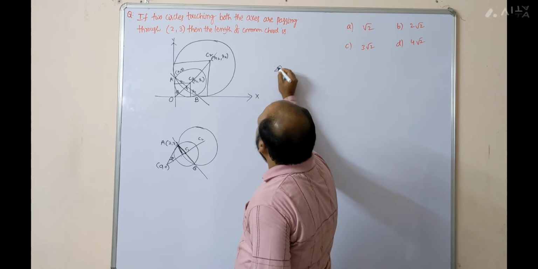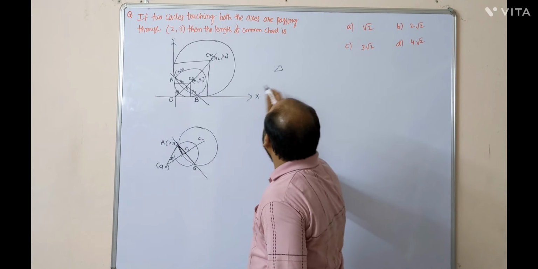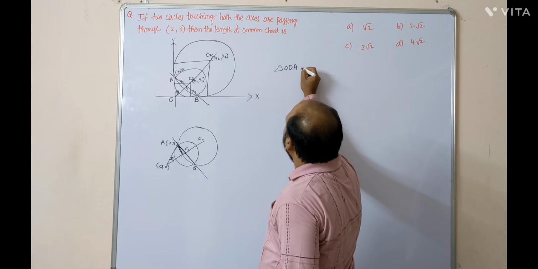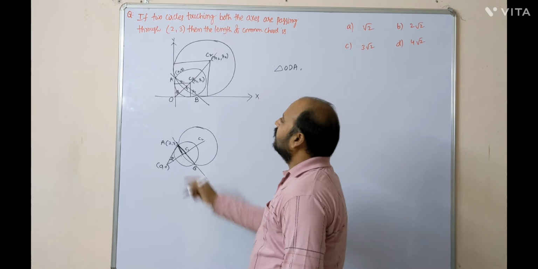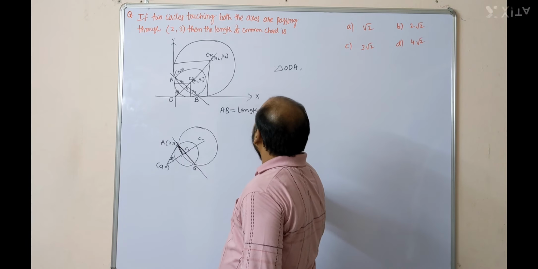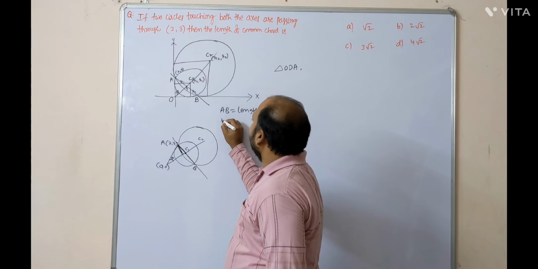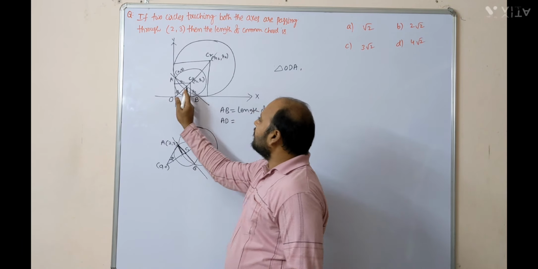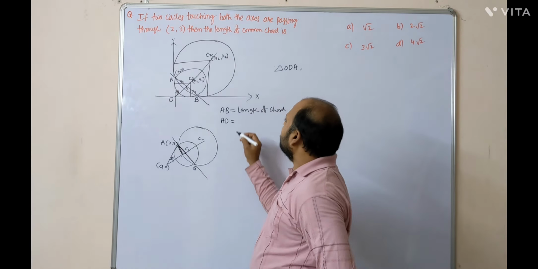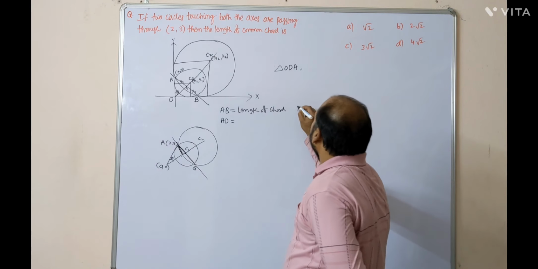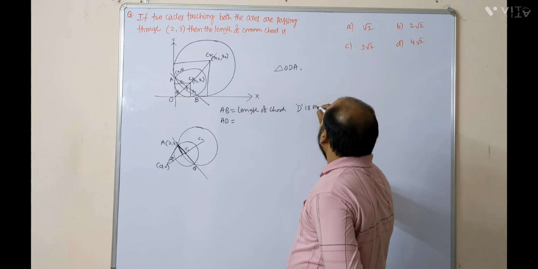from triangle ODA, AB is the chord, the length of the chord. So AD is equal to half of the length of the chord. From here to here it is the midpoint. D is the midpoint of AB.